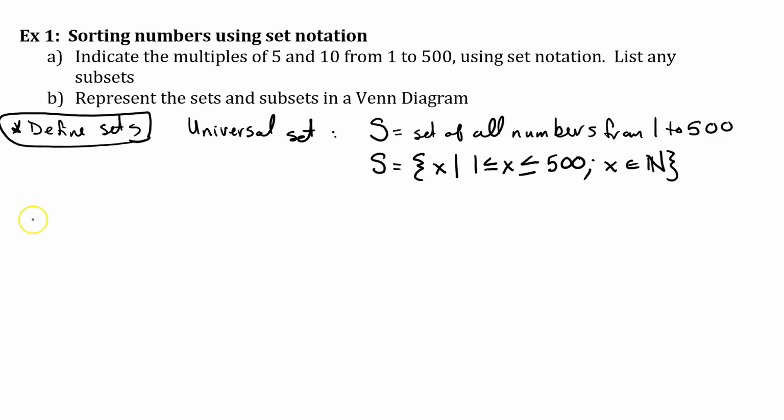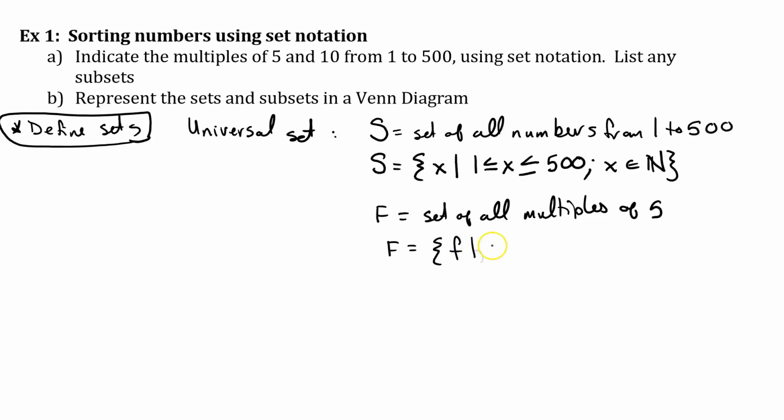If I were to define F as the set of all multiples of 5, we would define this using set notation, saying little f such that f equals 5x. Since we've defined x up here, we can use it again without having to define it again. And we're going to say for x between 1 and 100.